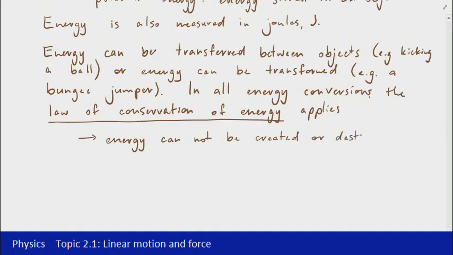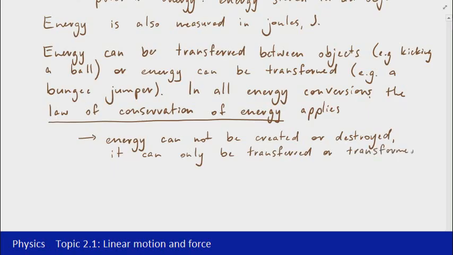And so as a result, all we can do with energy is transfer it or transform it. So there's the first way to think of the law of conservation of energy.